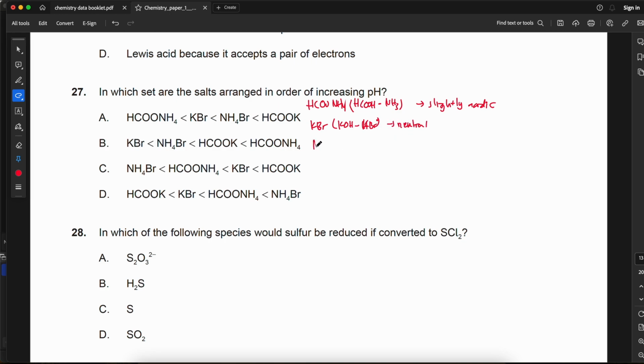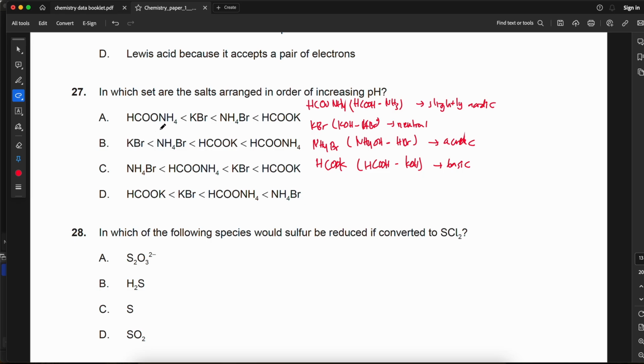And NH4Br is between NH4OH and HBr, a weak base and strong acid, so it will be acidic. And HCOOK is from HCOOH and KOH, a weak acid and strong base, so it's basic.